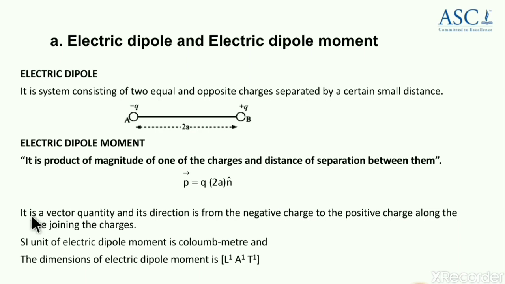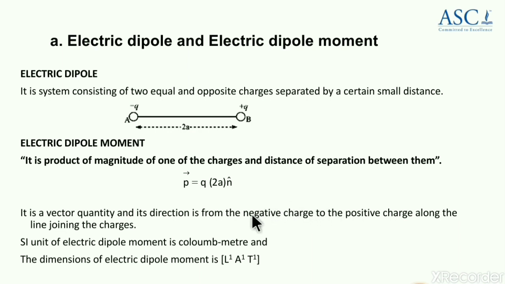That is what here I have written. It is a vector quantity and its direction is from negative charge to positive charge along the line joining the charges. This is most important point. You may get a question like, what is the direction of electric dipole? Then it is negative to positive charge. So recall, electric field is actually from plus to minus.